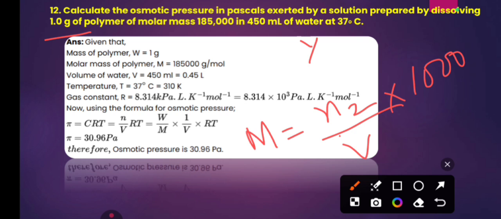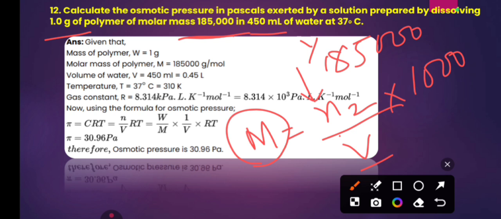No need to solve the molar mass, it is given to you, 185,000. By this value you can get the N2, and how much volume? 450. So by using these values you have got the value of molarity.